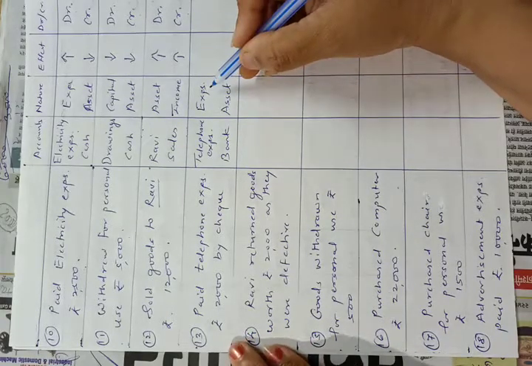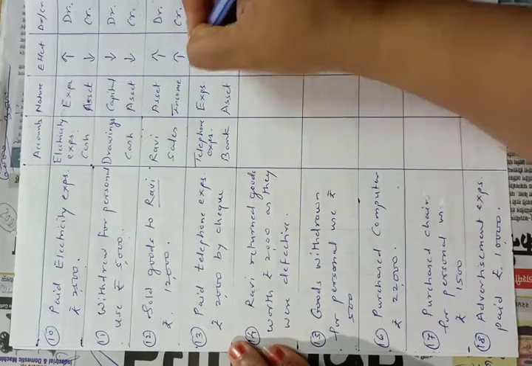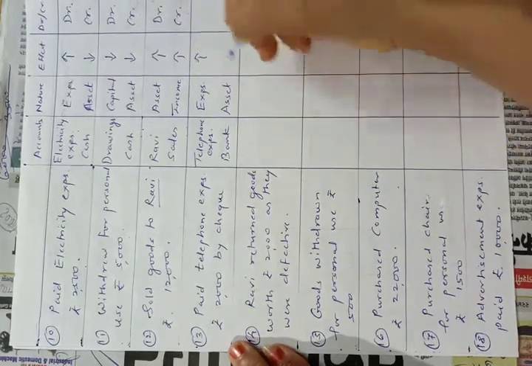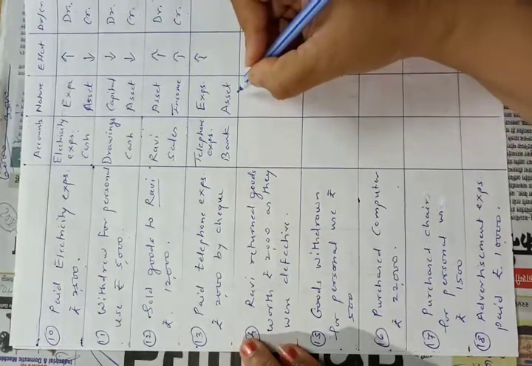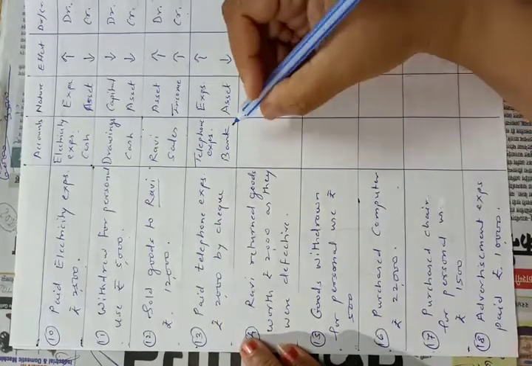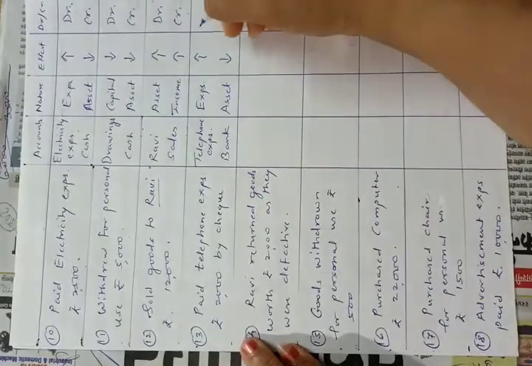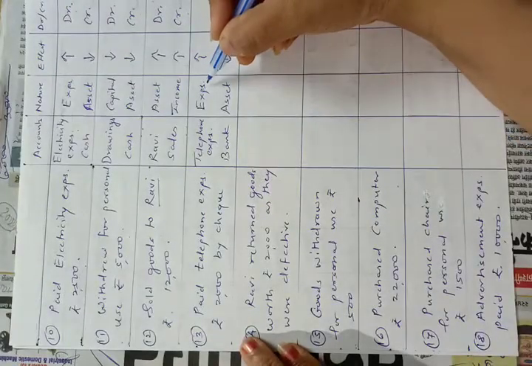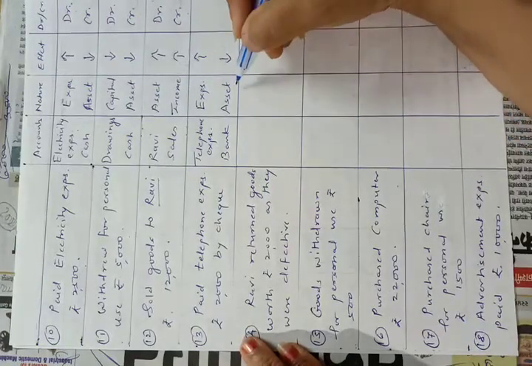Here when we make payment of telephone expenses, our expenses increases and our asset decreases because our bank balance will decrease when we make payment by check. Now first rule for expenses and first rule for asset.